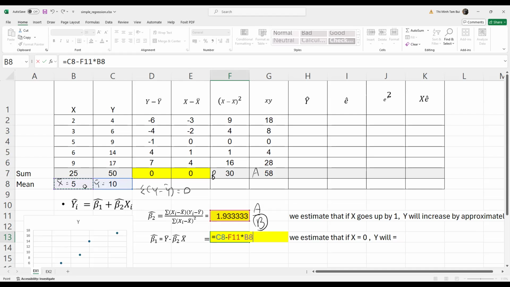Okay, very good. So what does it mean? You finally do the regression.